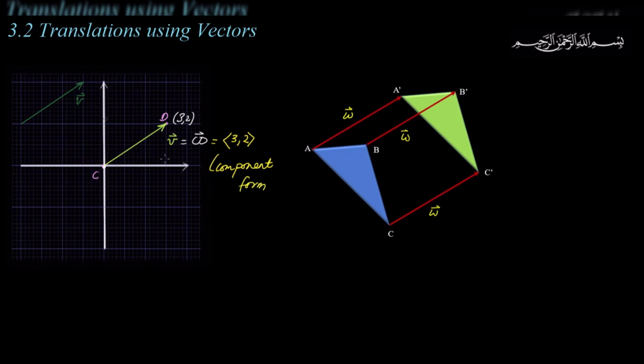It gives you the x component of the movement, and it gives you the y component of the movement, and it defines the vector for you. In other words, in the x direction it goes 3 units, and in the y direction it goes 2 units. And that's how you can write different vectors. So this form is called the component form.